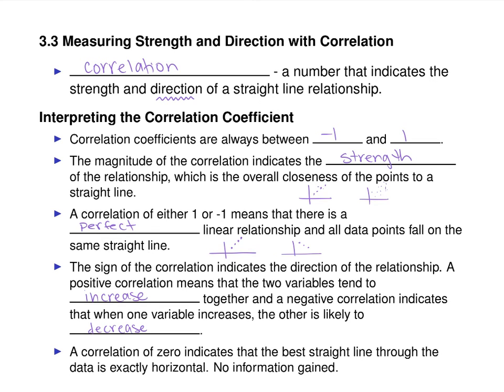Like performance on a sobriety test and alcohol consumption. A correlation of 0 indicates that the best straight line through the data is horizontal. So something like this, and no information is gained. As x increases, you don't know what happens to y. Nothing might happen to y.